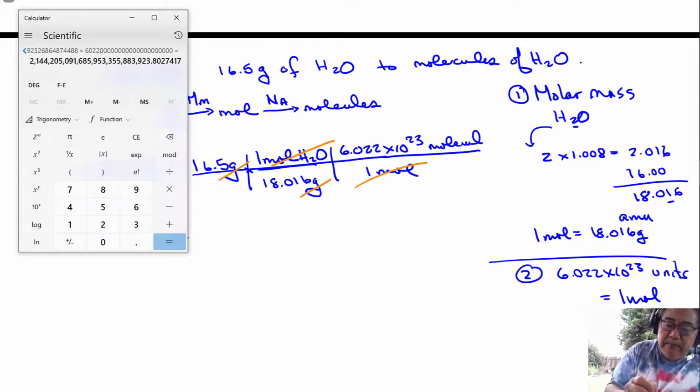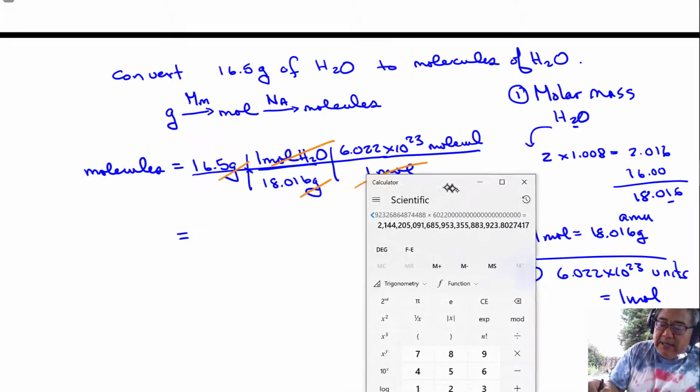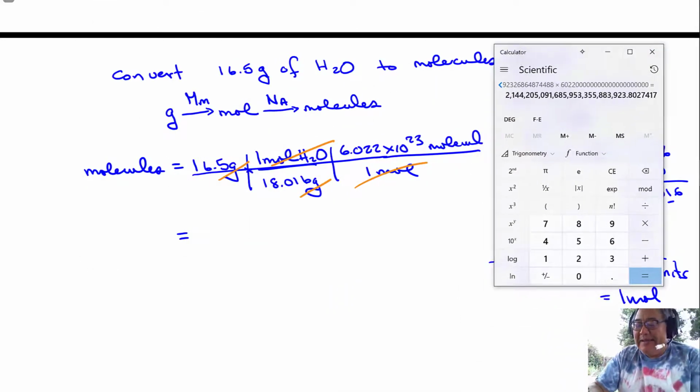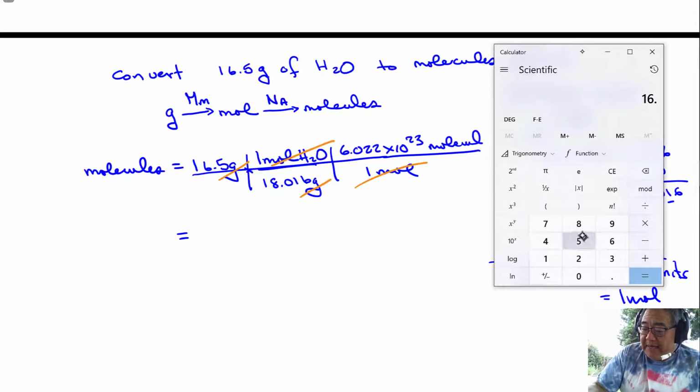So I've been doing calculators for a long time, and so I just kind of know how they work. But sometimes people, when they're first starting, are not really good with these calculations. So I'm going to show you two different ways, and we'll see that we get the same answer, right? So I'm going to go 16.5 times 6.022 times 10 to the 2 — oops, wrong button.